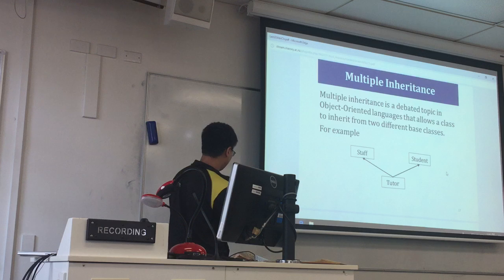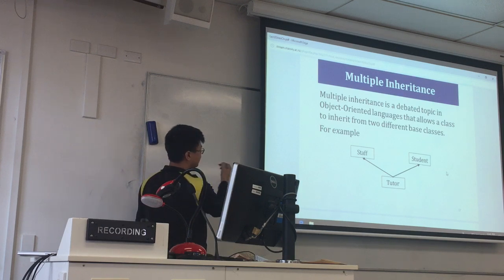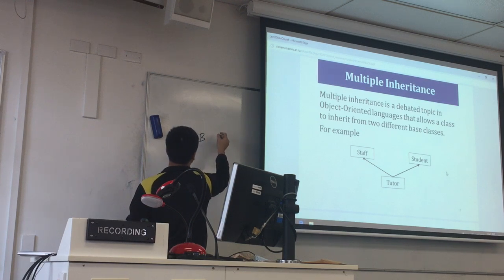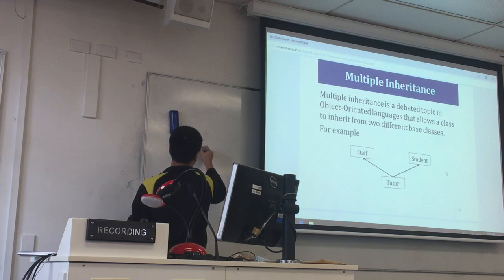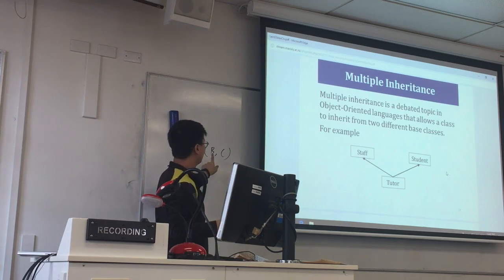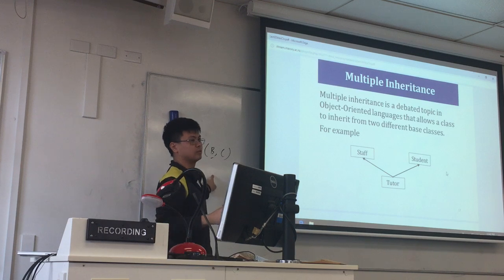In Python, at least you can do that, but the first class will always be given precedence. This is a little bit off topic, but so that you understand: in Python, you can do class A(B, C). B is the first base class, C is the second base class, and if there is any conflict between them, B will be given precedence.